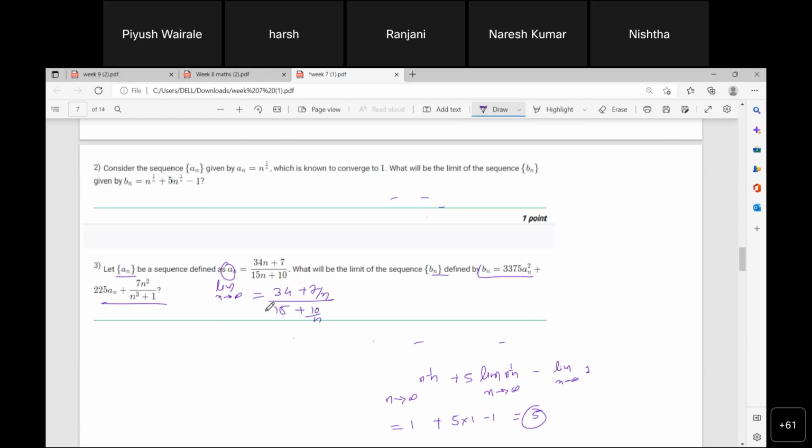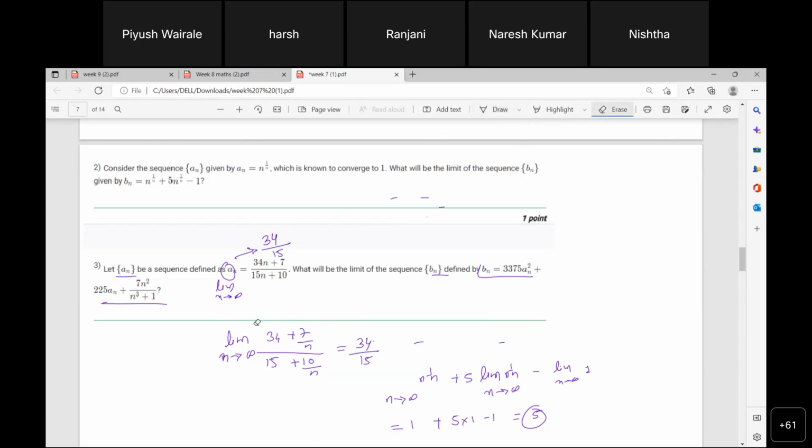So the limit as n tends to infinity of 34 plus 7 by n over 15 plus 10 by n. Now if I put n as infinity, the 1 by n terms will be 0 and 0, so it will be 34 upon 15. So this tends to 34 upon 15.